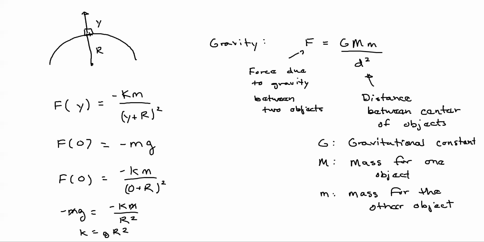Plugging that into our initial result, the force due to gravity at any height y on our object is negative mg R squared over y plus R, squared. And that's how we can use the universal force formula for gravity between two objects to calculate a force function for our object.